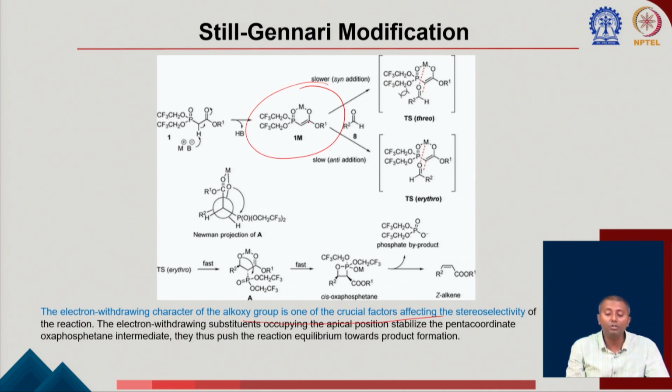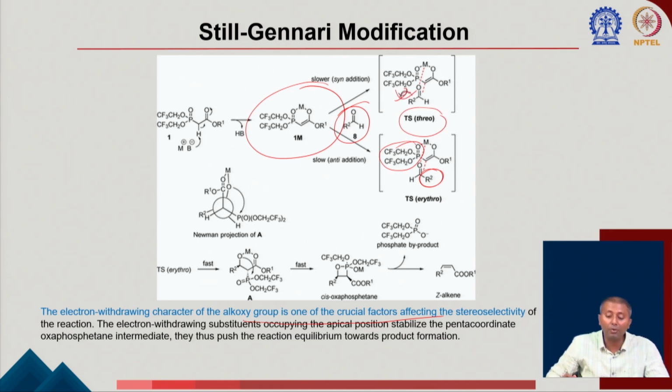Now the enolate can go for a syn addition or an anti addition. Depending on this, if you are adding to the aldehyde, the R2 group can have a steric effect with this phosphorus, with this group. So it will try to go through this anti addition, forming the erythro product instead of the threo, because there is a steric clash here.